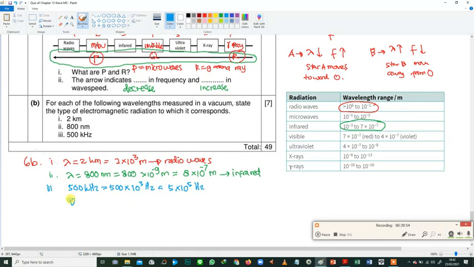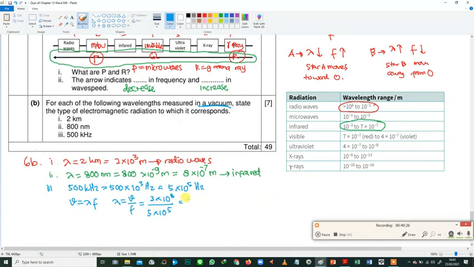Use v equals lambda times f. So lambda is wave speed divided by frequency. The wave speed of electromagnetic wave in vacuum is 3 times 10 to the power of 8, and the frequency is 5 times 10 to the power of 5. So let's see what's the answer.